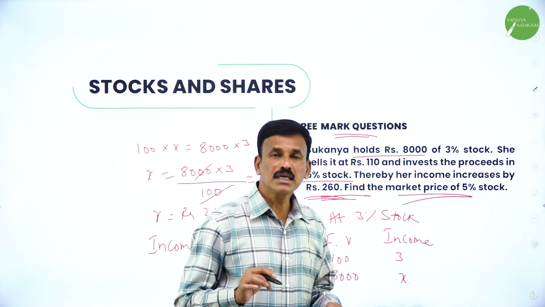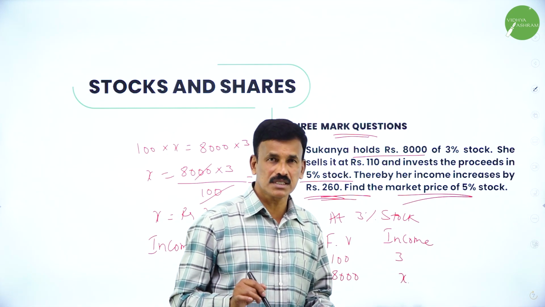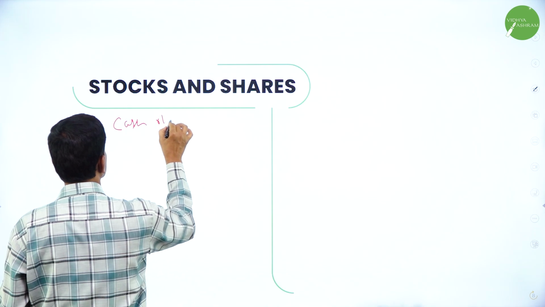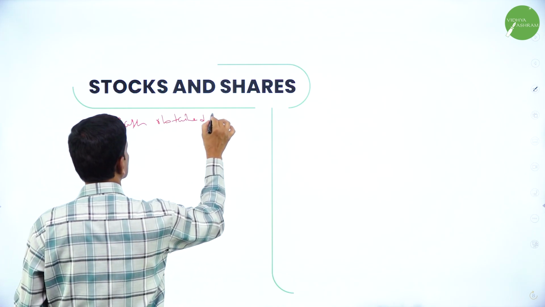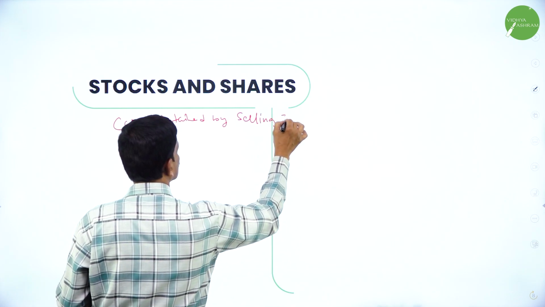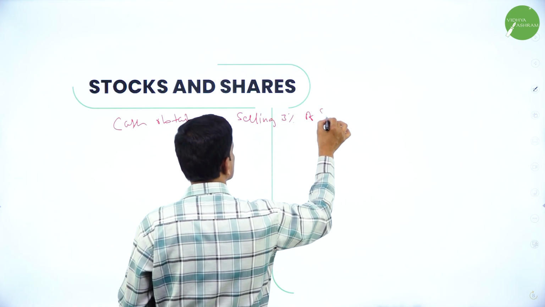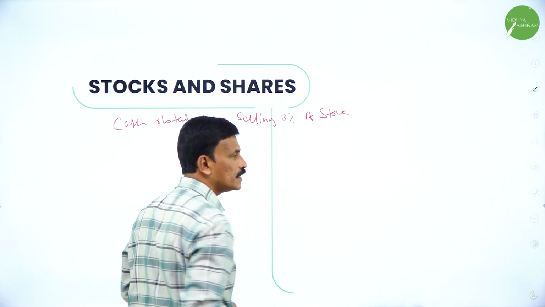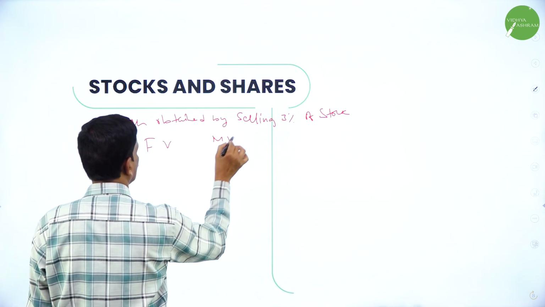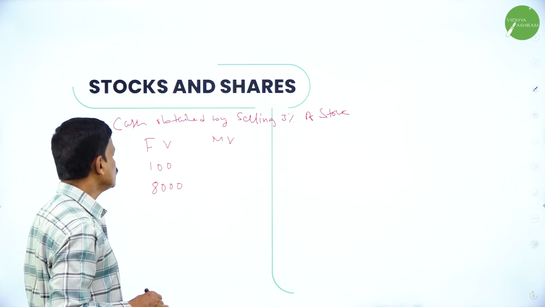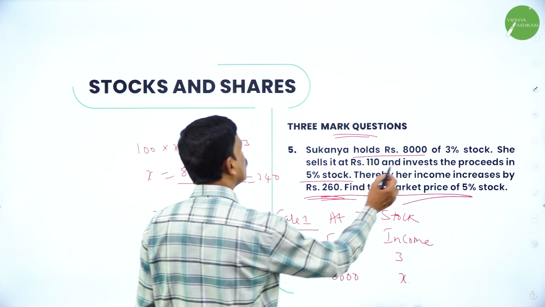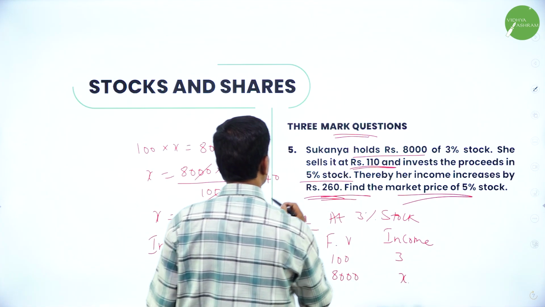Right. Now obtain the cash obtained by selling 3% of stock. Same face value and market value. Face value is 100 and 8,000. What is the market value? She sells it at rupees 110.